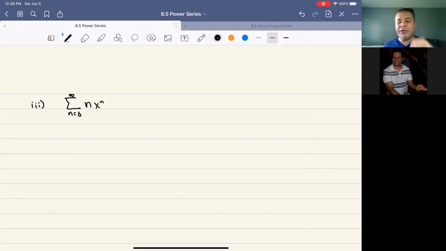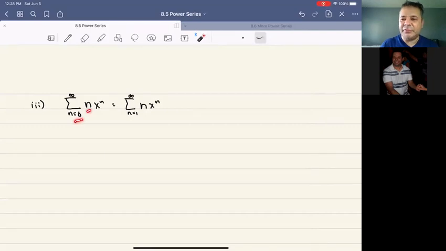One thing I want you to notice: this is equal to the sum from 1 to infinity of n x to the n, because when n equals 0, the term is just 0. All right, let's take a look at the radius of convergence via the ratio test.